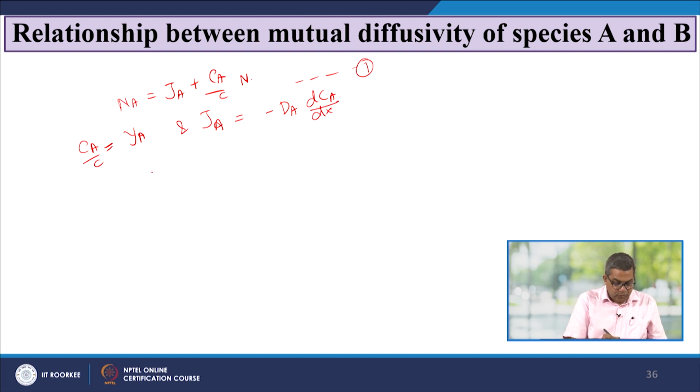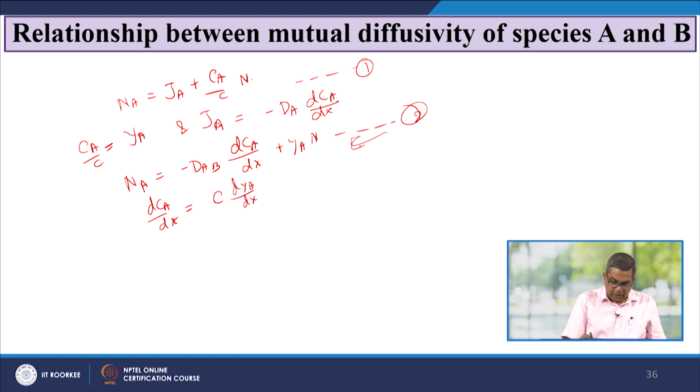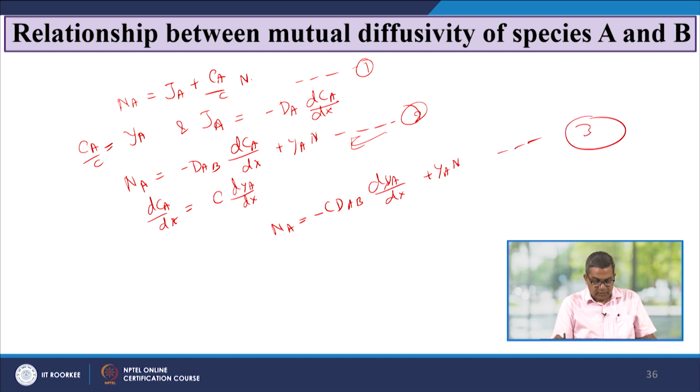So if we put the values in equation 1, we get Na is equal to minus Dab dCA over dx plus Ya N. This is our equation 2. Also, dCA over dx is equal to C dYa over dx. So, equation 2 becomes Na is equal to minus C Dab dYa over dx plus Ya N. This is our equation number 3.